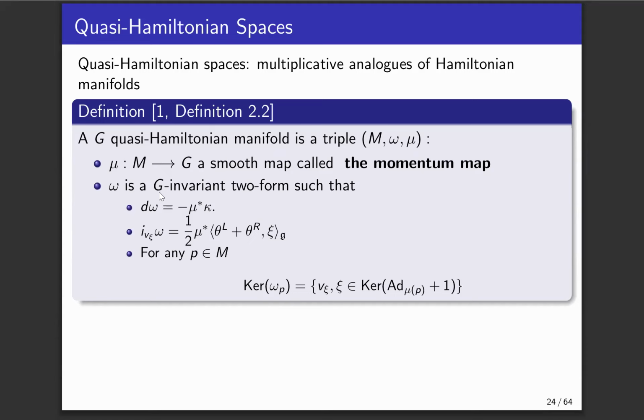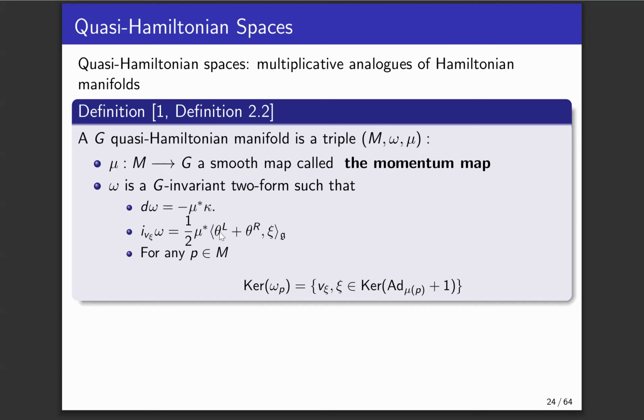And omega is a G-invariant two-form such that omega verifies three conditions. The first one tells us that the differential of omega is the pullback of some special three-form kappa by the momentum map mu, and then we have a description of the interior product of omega with V_xi in terms of the momentum map and theta L and theta R.